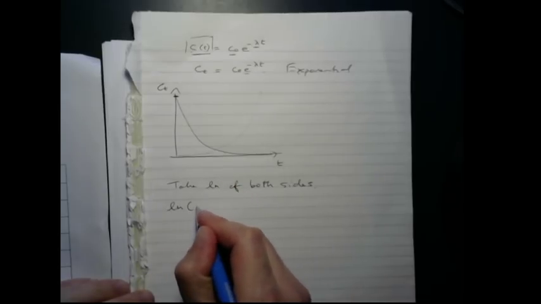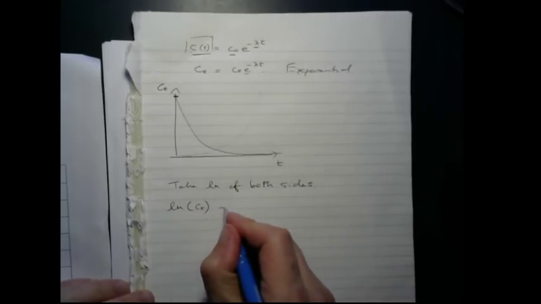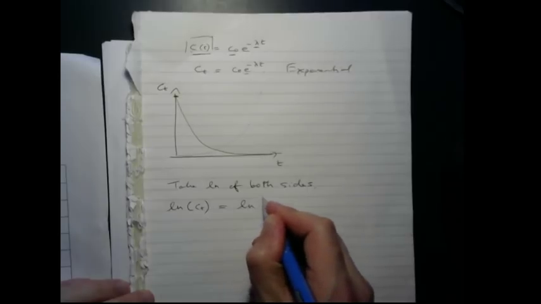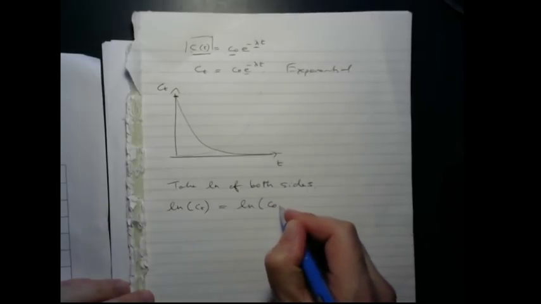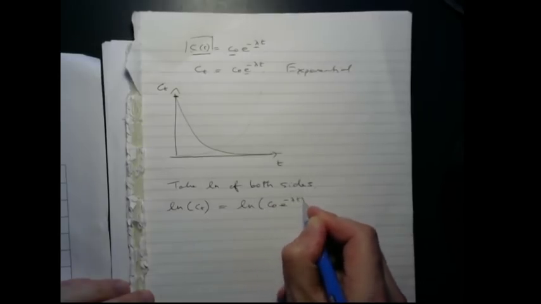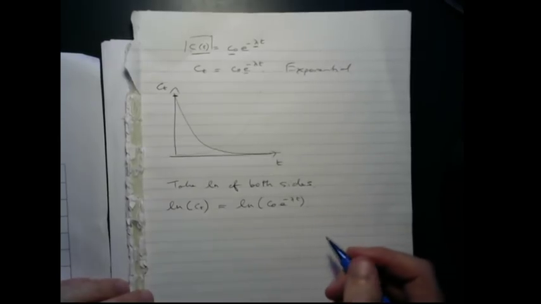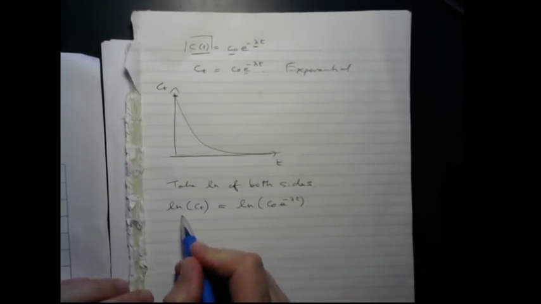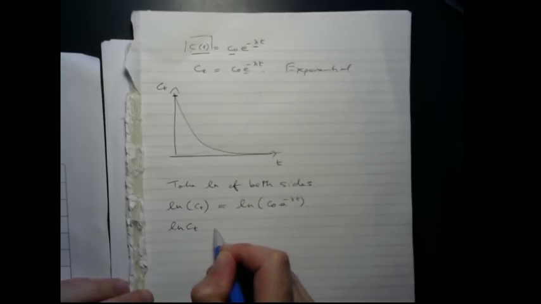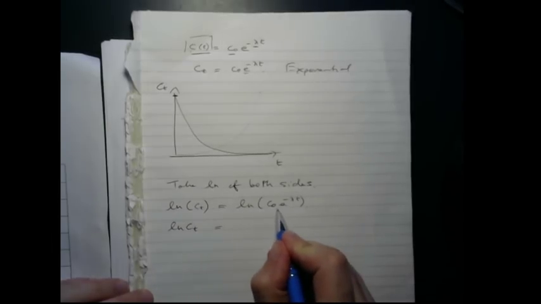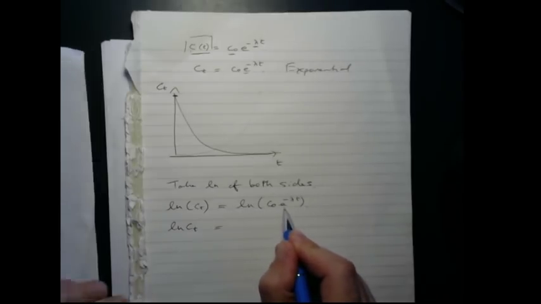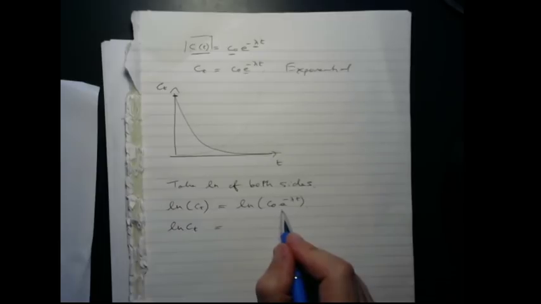Okay, so let's do that. ln of C_T is equal to ln of C naught e to the minus lambda t. Okay, step 1. Well, this is okay. This is just ln of C_T. Now here I've got two terms in this bracket here. I've got the C naught and I've got the e to the minus lambda t.